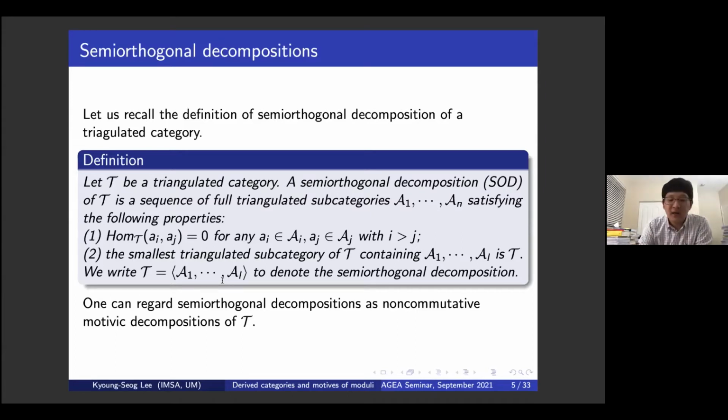And there are several ways to interpret what a semi-orthogonal decomposition is, and some people regard it as a non-commutative motivic decomposition. And I will show you there is a parallel story with the actual motivic decomposition of the moduli space.